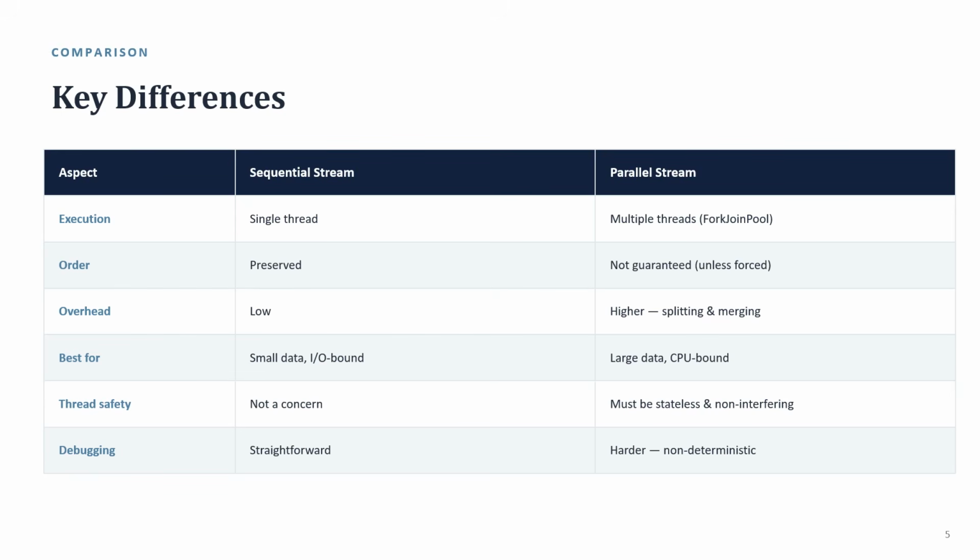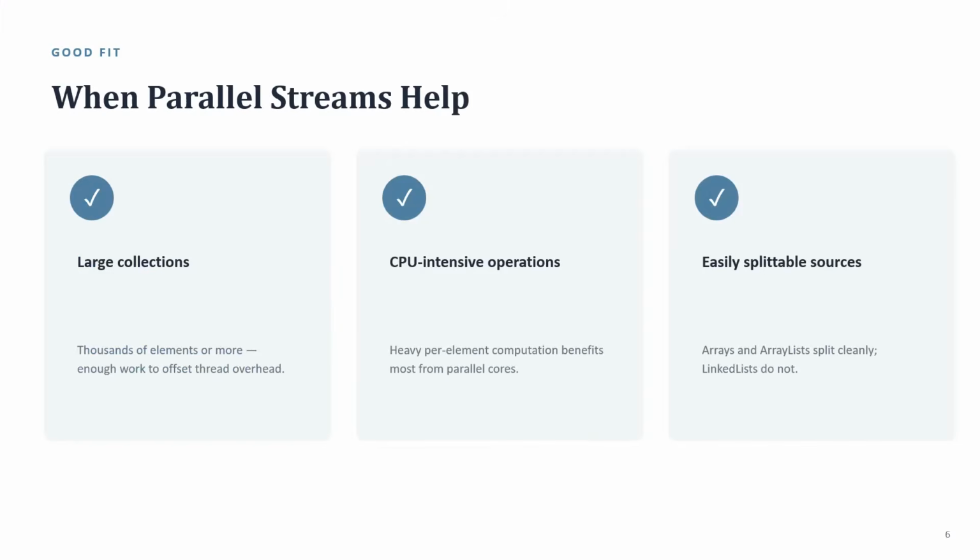Sequential streams are best for small data, and if it is large data, we can go for parallel streams. Thread safety: a single threaded sequential stream does not care about it, while with the parallel stream, it should be stateless and non-interfering. Debugging is straightforward in sequential streams and hard in parallel streams.